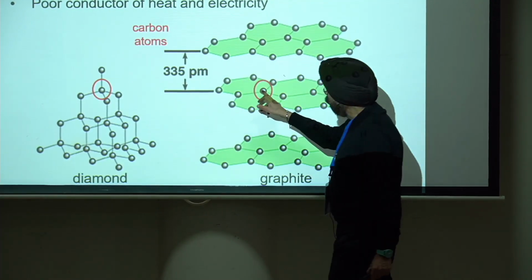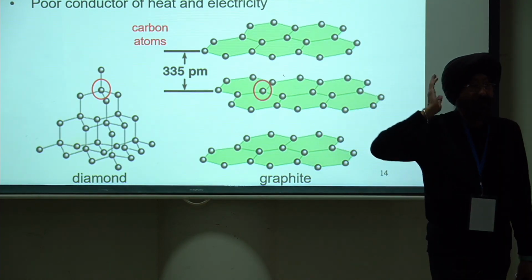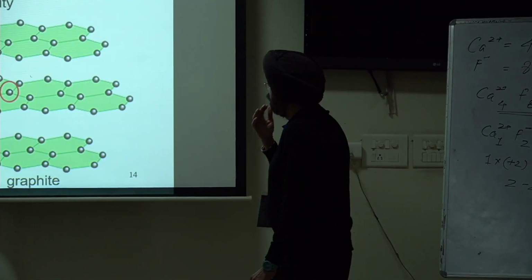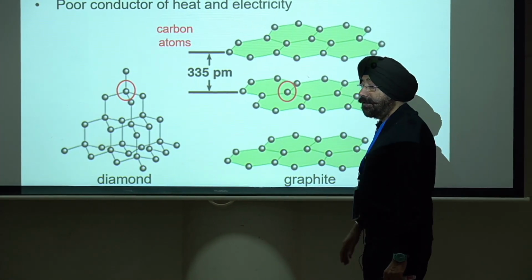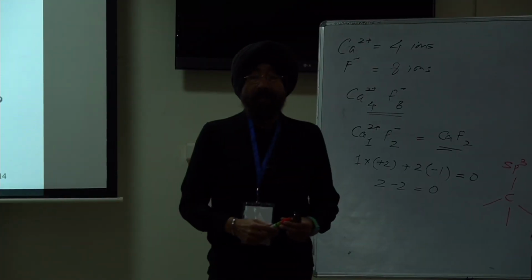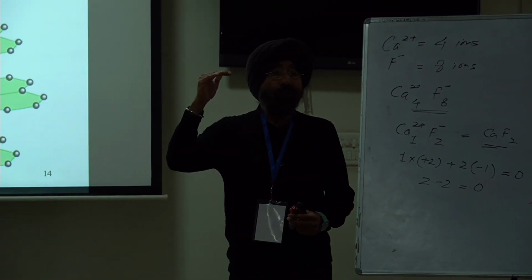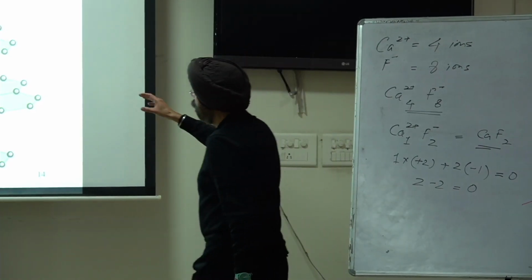What is the bond angle for the triangular planar? 120, correct. So in fact these are layers, and you might remember that when there is sp2, there's a fourth position which exists in the form of a pi bond.